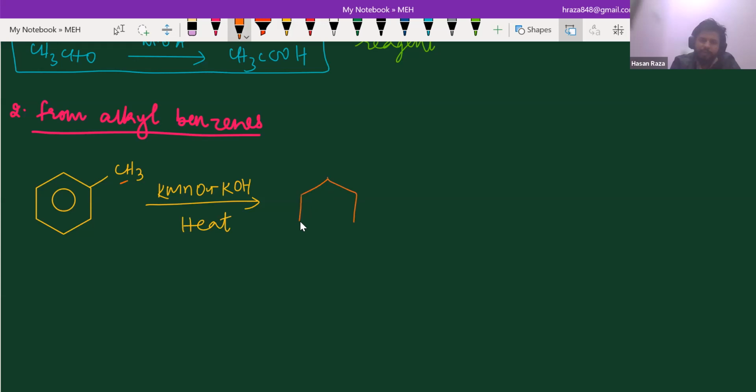Basically hydrogen will be removed from there and oxygen will be added. That means this will be directly converted into carboxylic acid salt. And after this, if you do the hydrolysis in the presence of H plus, the H plus will replace this K, and it will form COOH. It's very easy.